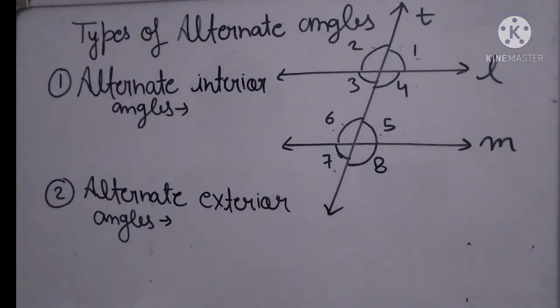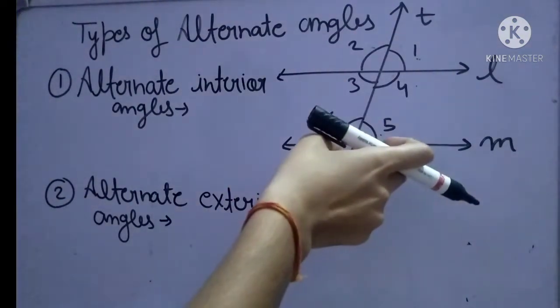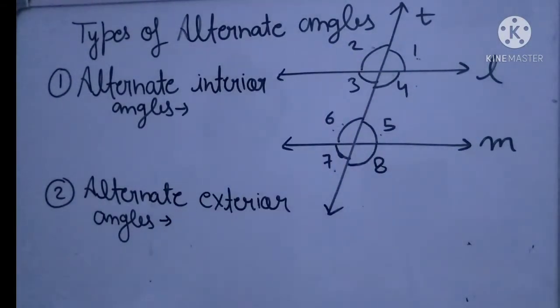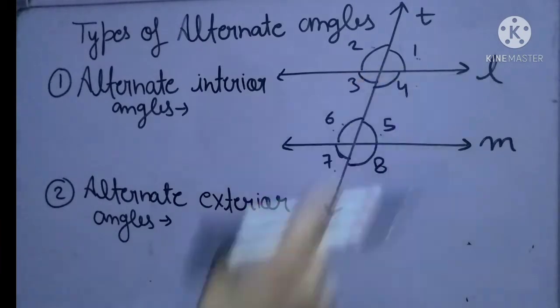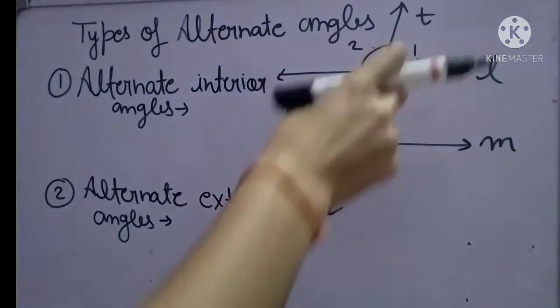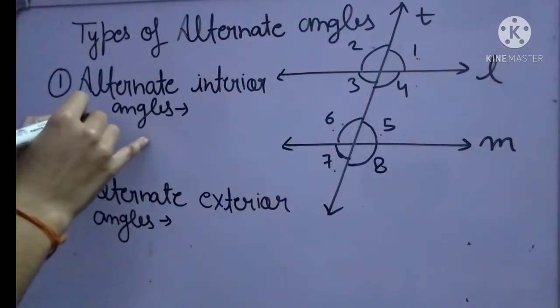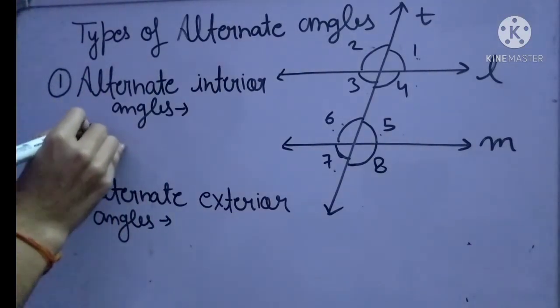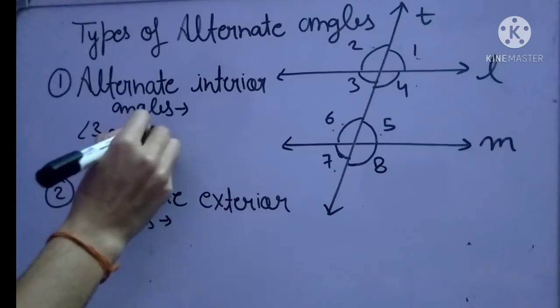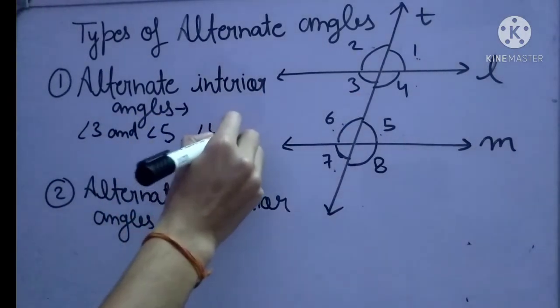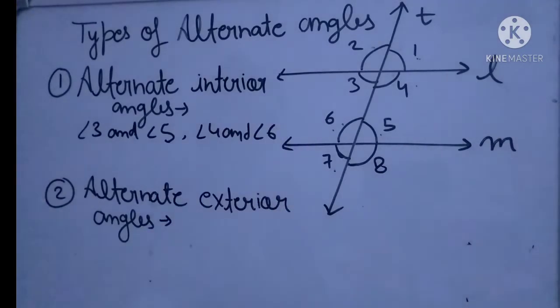Angle 3 and angle 5 are opposite. Similarly, angle 4 and angle 6 are also opposite. So these angles are called alternate interior angles: angle 3 and angle 5, angle 4 and angle 6.